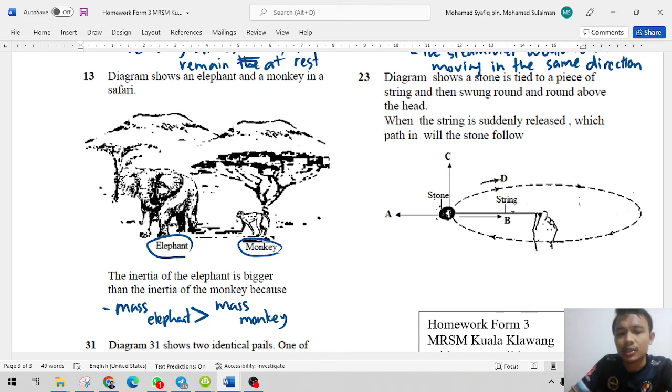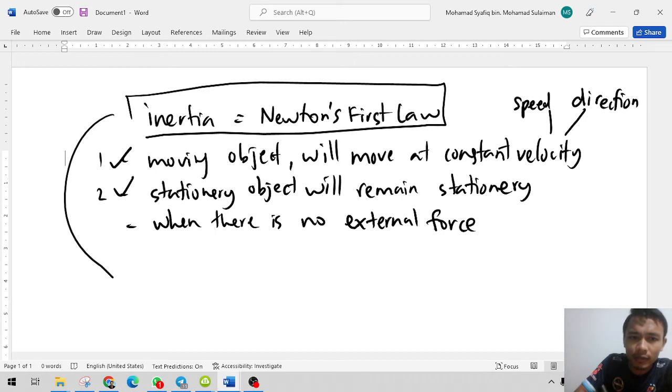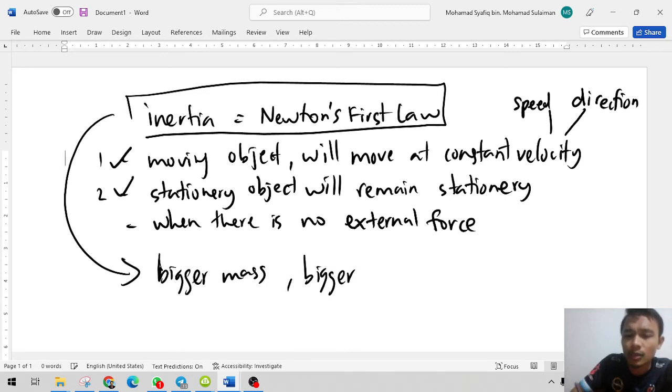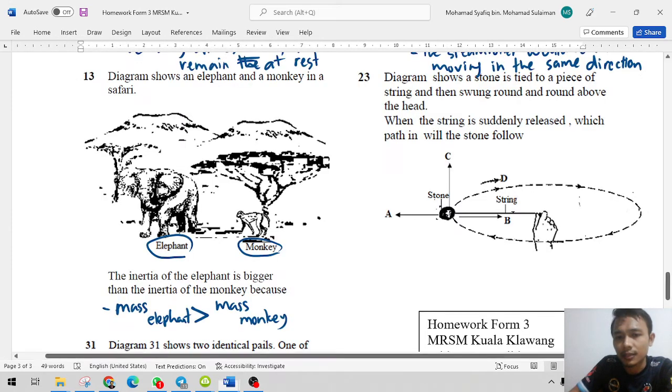So the only factor that can change inertia, bigger mass, bigger inertia. This will be the hypothesis of the inertia experiment. Okay, it is an experiment, wajib lah.